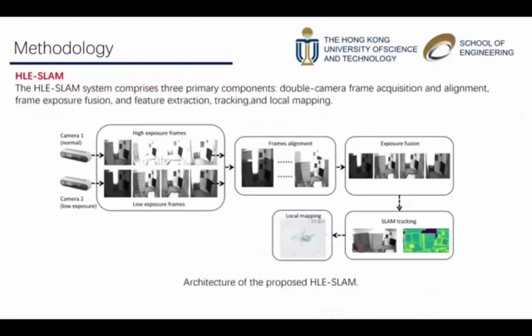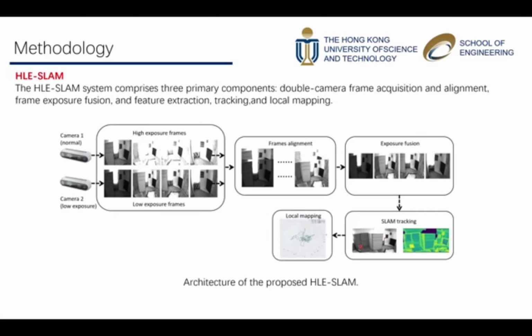In our method, HLE SLAM combines the three components. First, we use double camera frames, do frame overexposure fusion, and use these fused frames for tracking, localization and mapping. Firstly, we get the high and low exposure dataset.